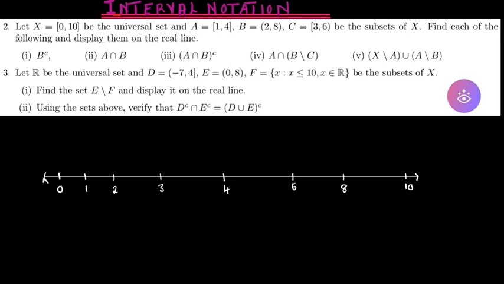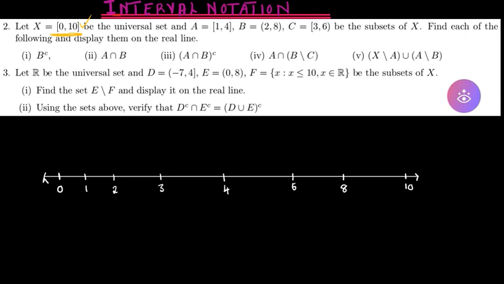Alright, so this is my real line. Now, I'll need to plot those figures on the real line. How do I plot the figures on the real line? Very simple. Let me just use another pen. I will start with the universal set. X, we are using these brackets, which simply means that 0 and 10 are included. So whenever 0 and 10 are included, what are we supposed to use?